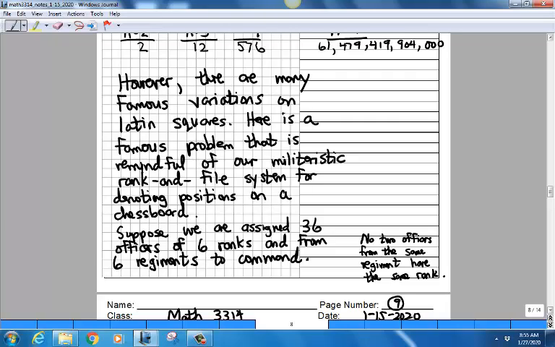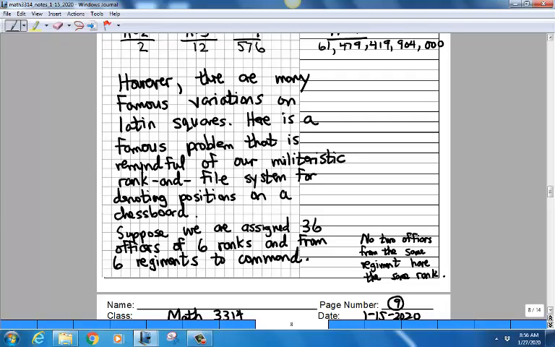So 6 ranks and 6 regiments. What that means is that no two officers are going to be from the same regiment or have the same rank. So you have 36 distinct officers here.